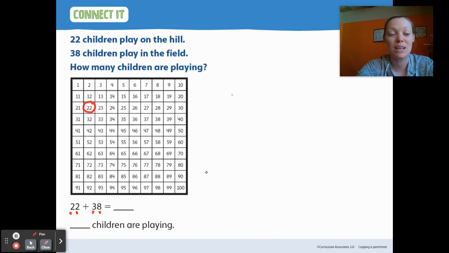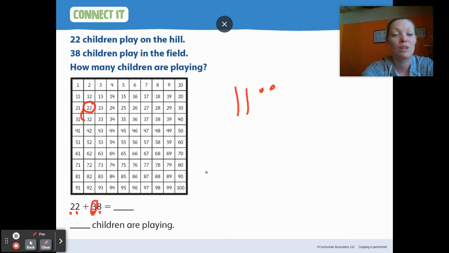And if I draw 22 and I'm going to add 38, that means I'm going to want to add 3 tens and 8 ones. So if I skip count by tens, it would go 22, 32, that's 1 ten. See? I just added, I'm going to change this color.